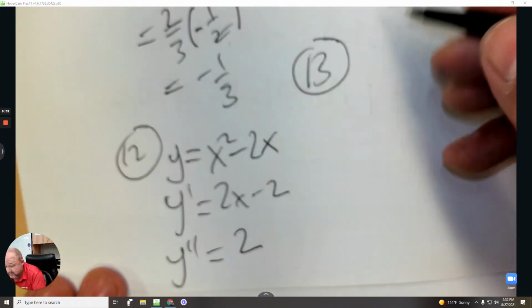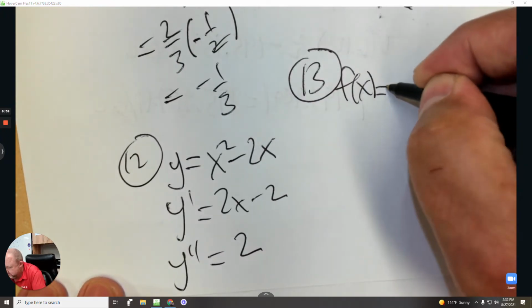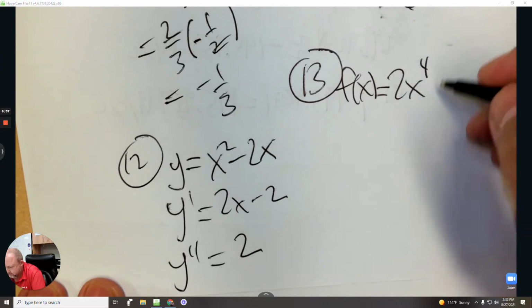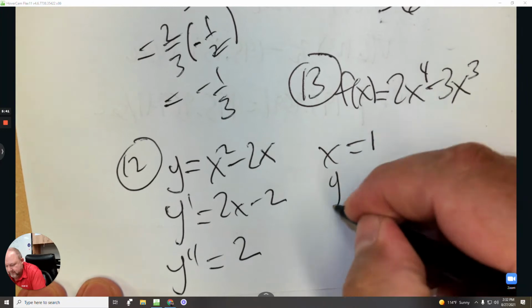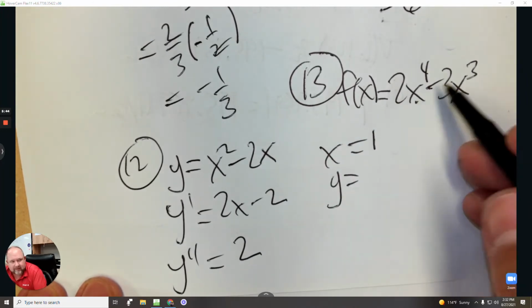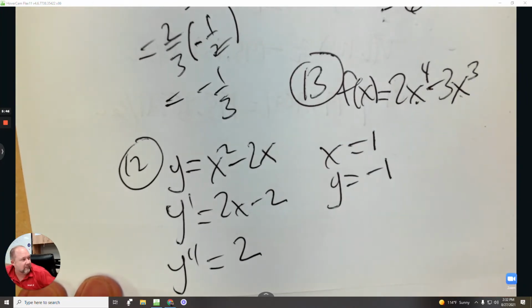Find the equation of a tangent line. So we have the function. So we know x equals 1. If I plug 1 in for x, it's 2 take away 3, which is negative 1.